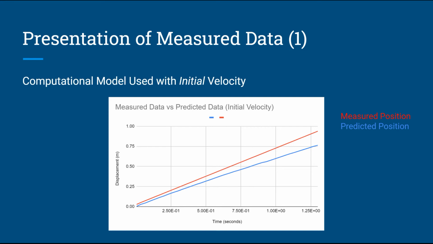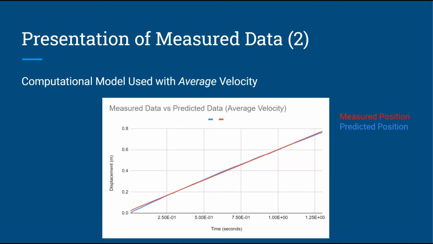As time continues, the two predictions of position and the measured position go farther and farther apart. This is a result of the initial velocity being used in my computational model. Because the initial velocity is not a perfect measure of how my object, which is this cardboard cylinder, is going to move throughout the whole thing, it's not actually that good of a model.